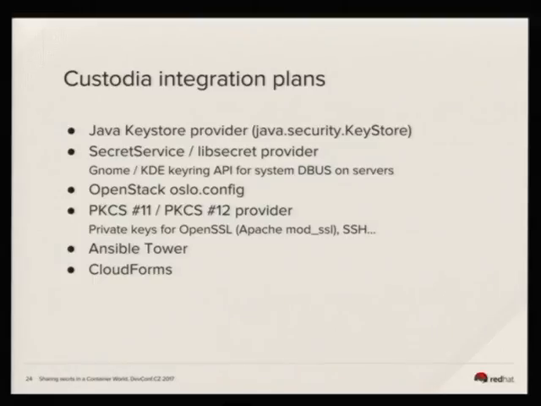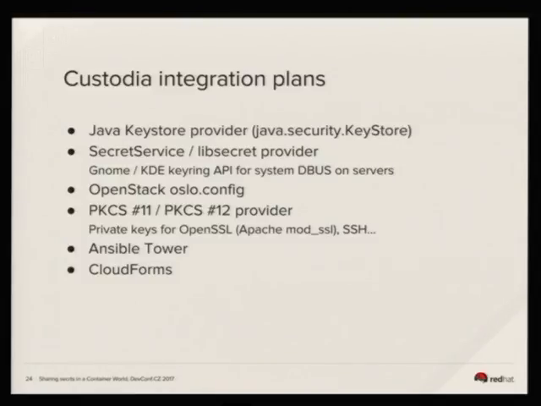That's the slide I skipped a bit. Java key store is just a standard API to get a secret for a running Java application. What you probably know or not know is that KDE keyring and GNOME keyring use internally something called libsecret.